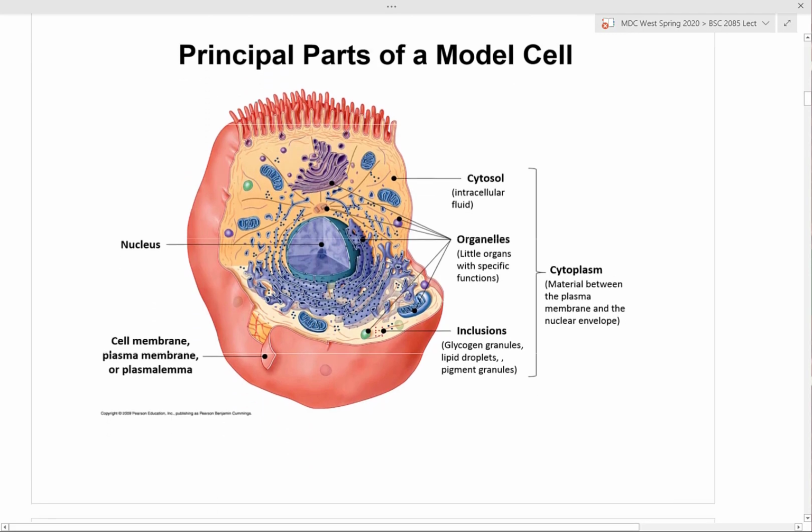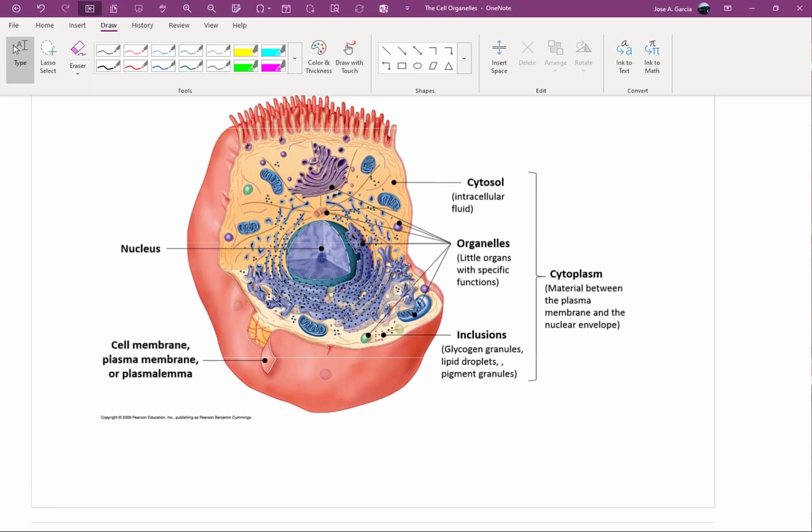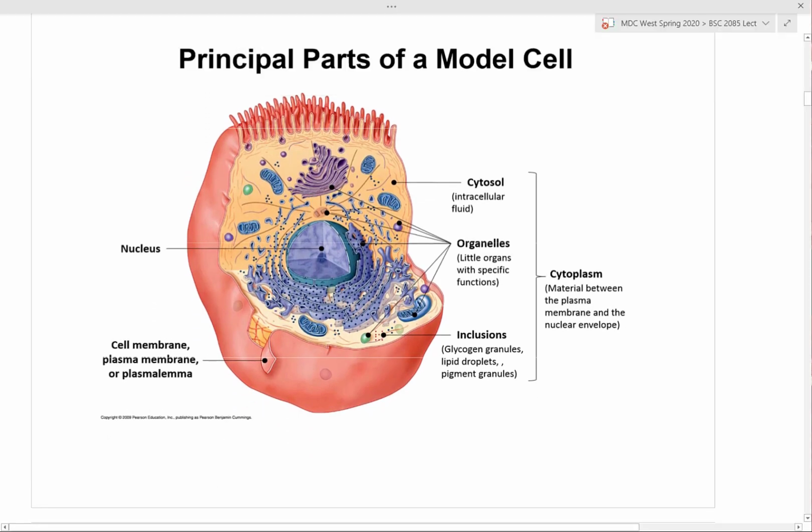So what are the principal parts of the cell model? And again, this is just basic, but the cell is composed of a what? Cell membrane, also known as the plasma membrane. So those are two synonyms right there, or plasmalemma. Oh my God. Three words which mean the same thing. So cell membrane, plasma membrane, or plasmalemma all mean the cell membrane, all of it.